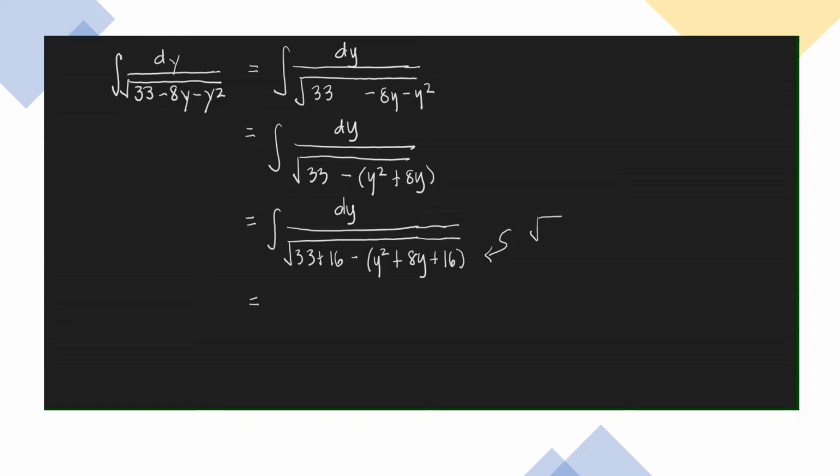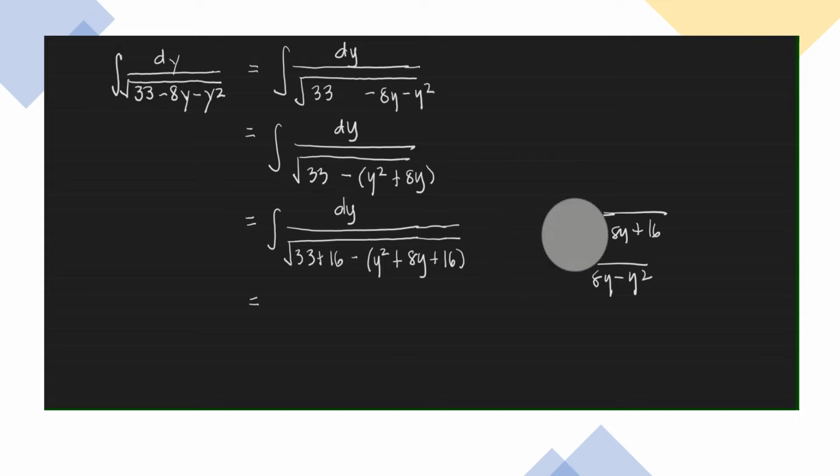So if we do that, we have 33 plus 16 is 49, minus y squared plus 8y plus 16, and then 49 minus 16 is 33, minus 8y minus y squared, and it is still the same as the original expression in our given. So this means we were able to perform the completing of the squares correctly.